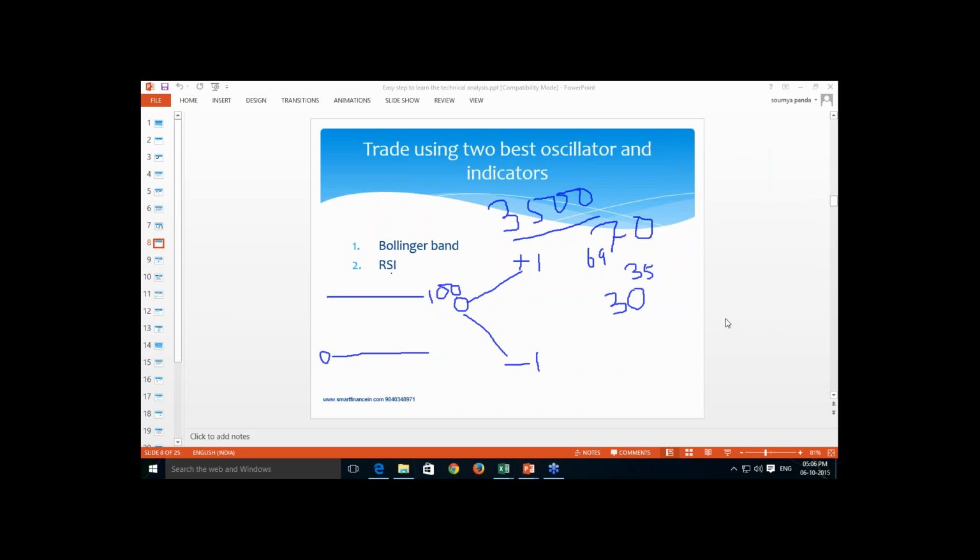While modifying these things, we will never change the RSI formula, we will never change the Bollinger formula, and we will never change the stochastic oscillator formula. These are the things we are not going to change. What we are going to change is the price part. We are currently at what price, and at what price we are going to change this thing. So what is our expectation?